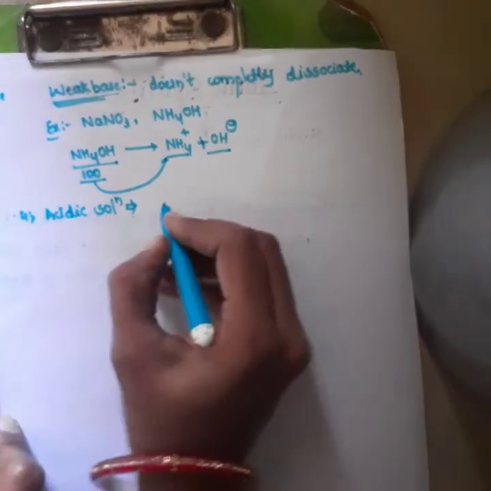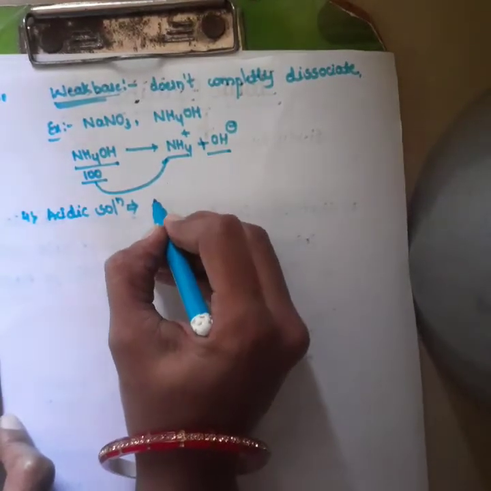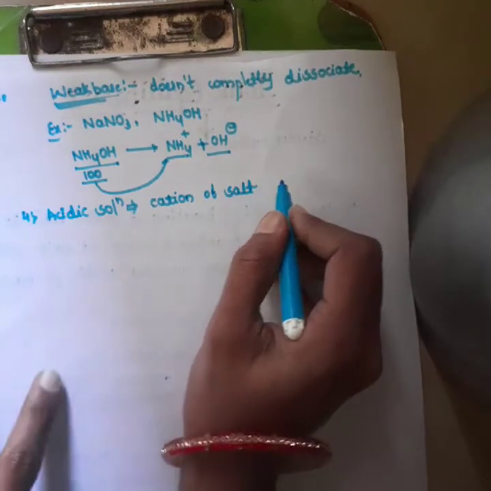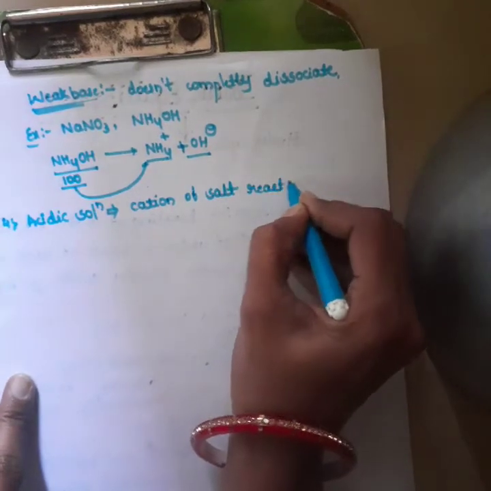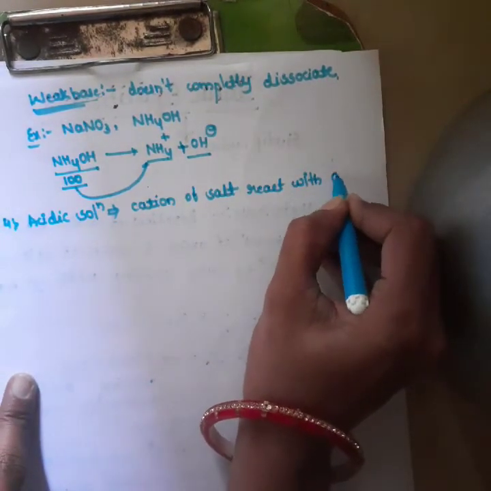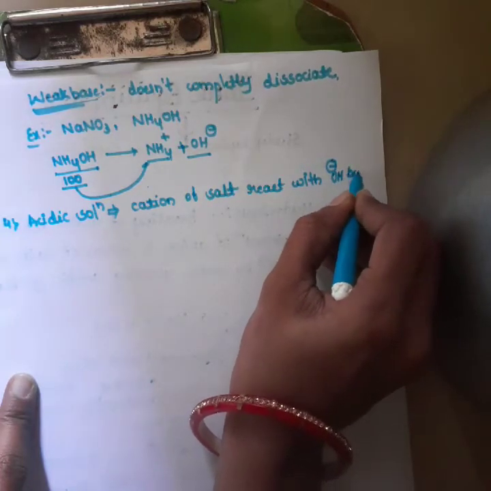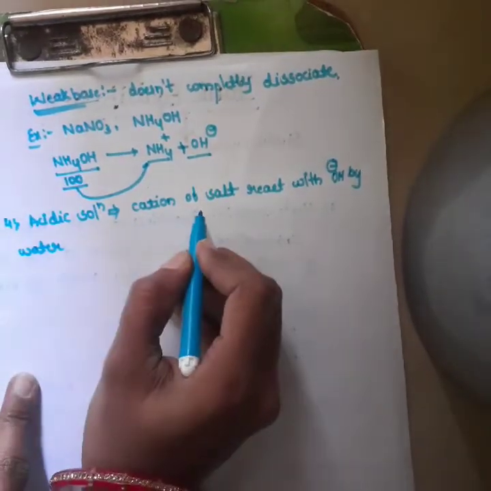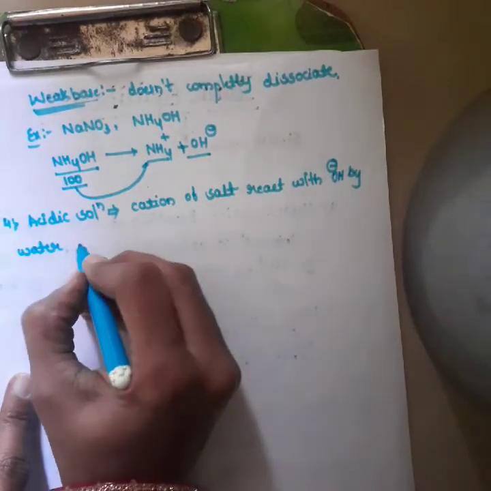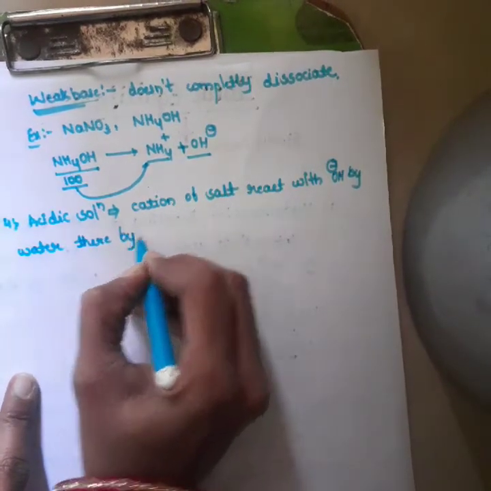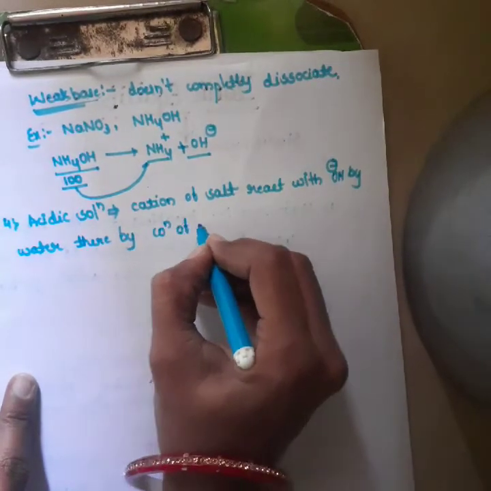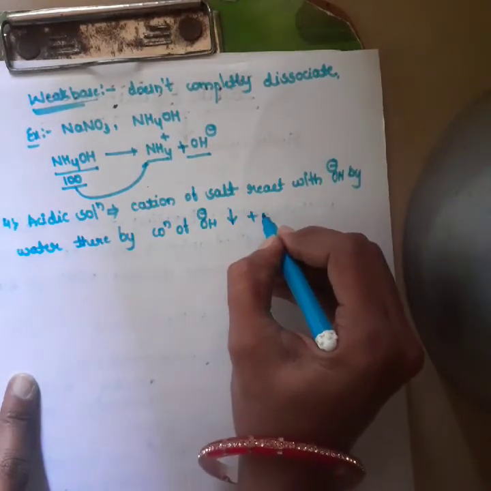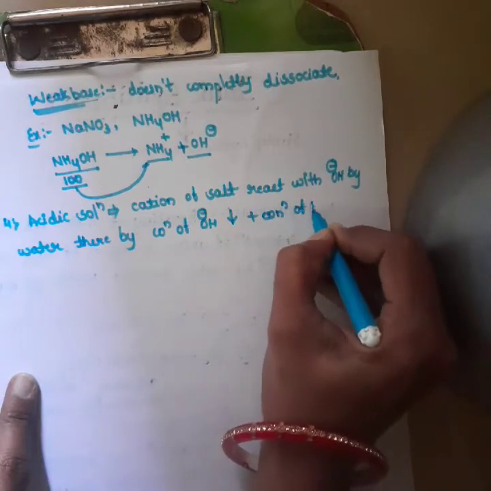Acidic solution means the cation of salt reacts with OH minus ion from the water molecule, thereby the concentration of OH minus decreases and the concentration of H plus ion increases.